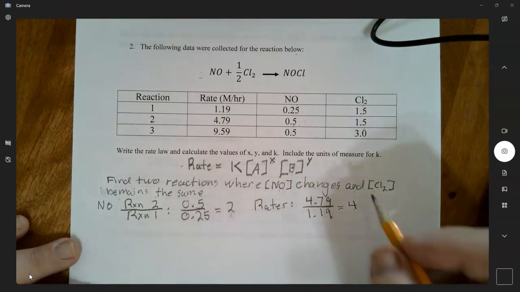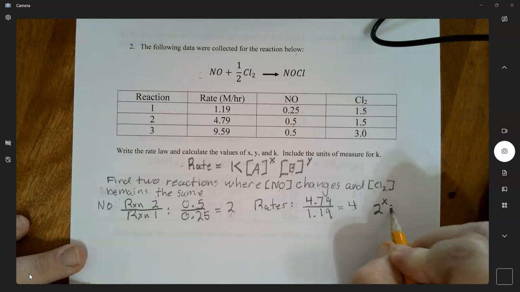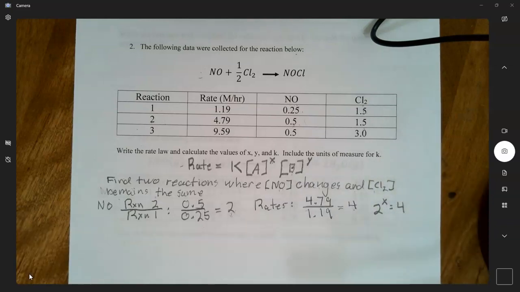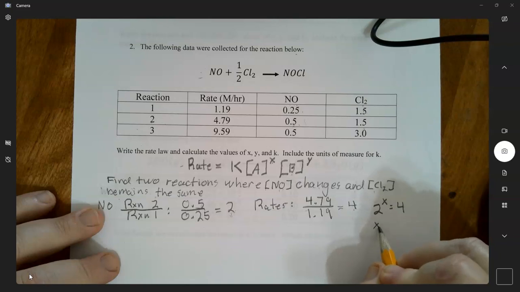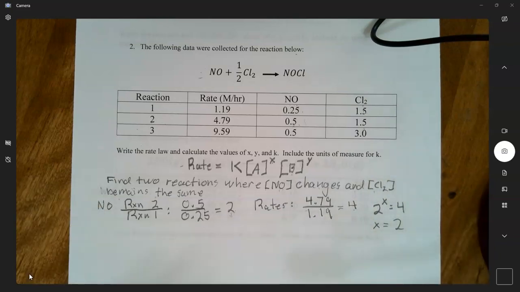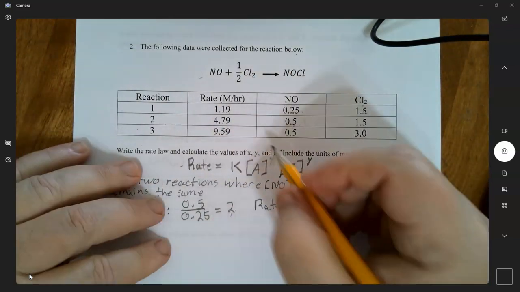So you're going to write this, 2 to the x power equals 4, and these will generally be some that you can just do in your head. So 2 raised to the 2 power equals 4, so x equals 2. So I'm going to come back here and I'm going to change this to a 2.